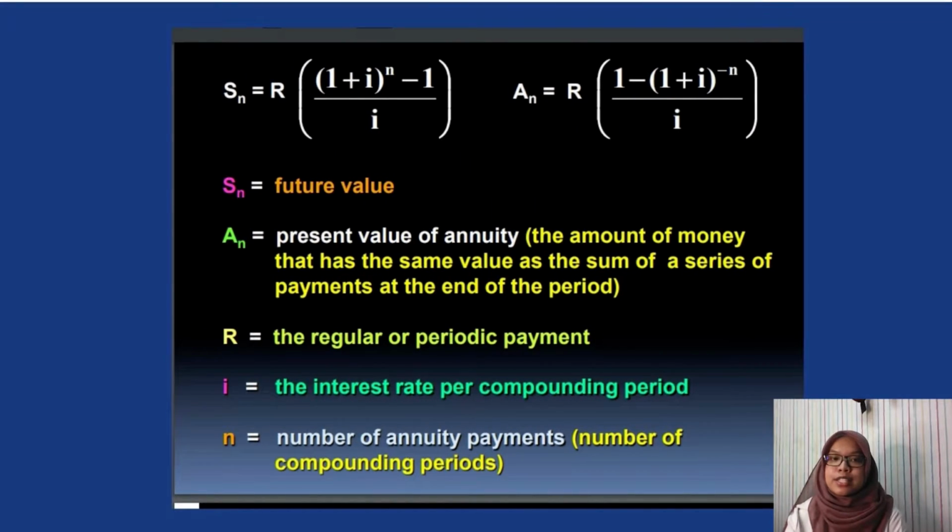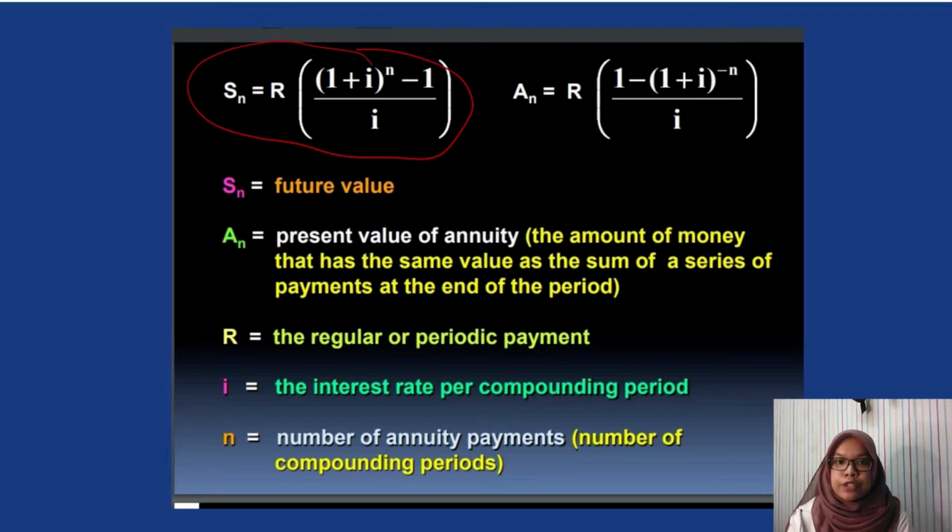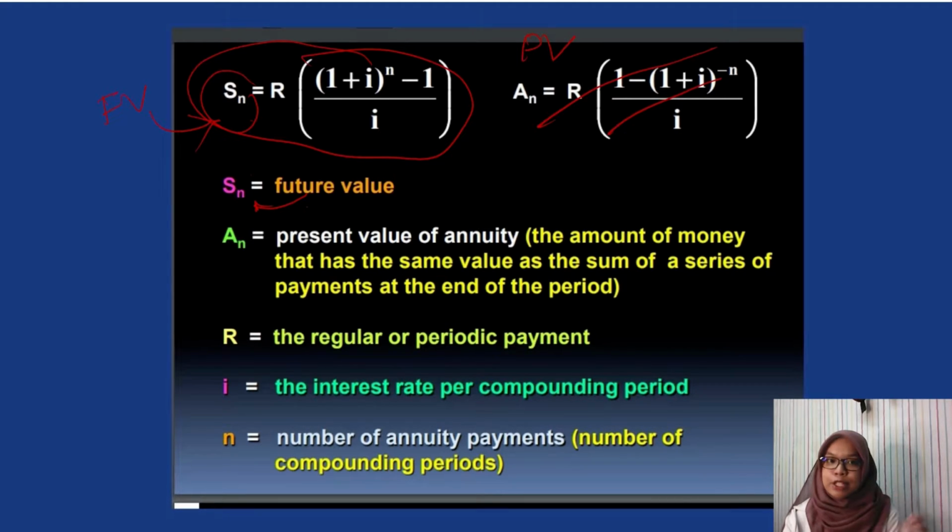So this is the formula that we use for the future value. This is for the present value, which I will not explain to you, but I will explain the future value, which is quite the same. So Sn is the future value. We can conclude that the future value for annuity is similar to Sn.